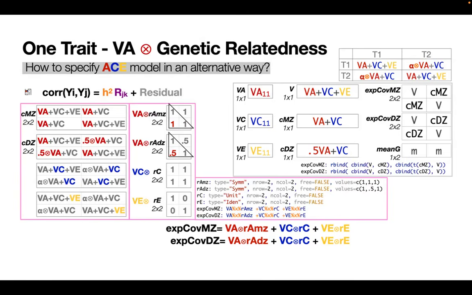Of course, given that we have both MZ and DZ twins, in addition to estimating the heritability, we can also estimate the shared environmental variance component in addition to the residual unique environmental variance component.